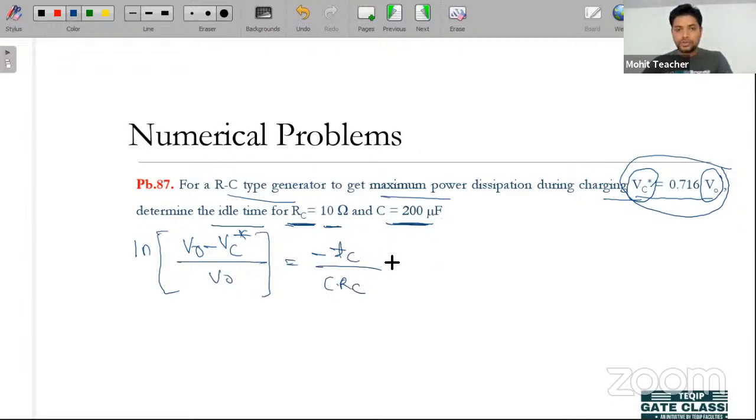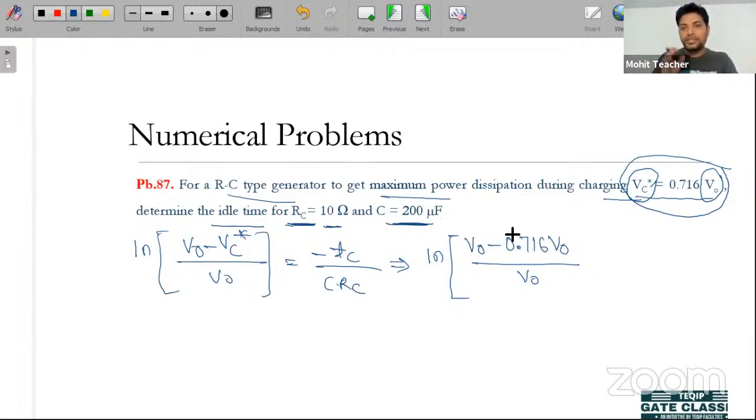All the values are given, we just have to calculate. V naught is not given to you, so just keep it as such. Vc star is 0.716 into V naught upon V naught, so this V naught will be cancelled out, and what remains is 1 minus 0.716 only.